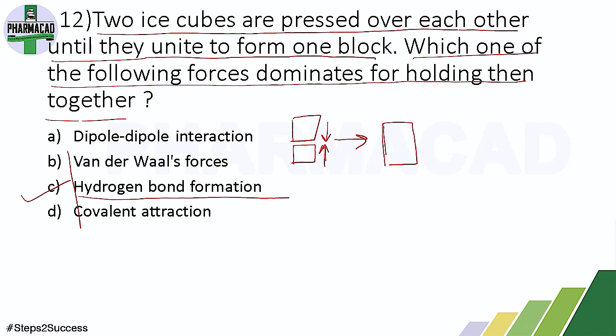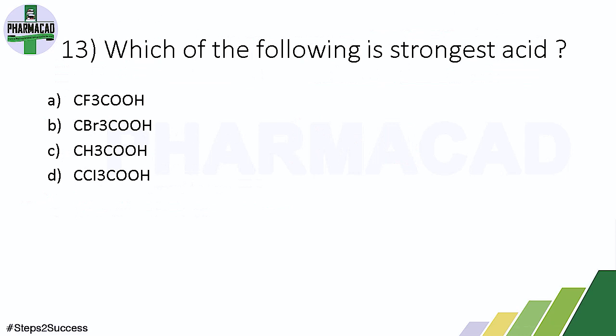Next question. Which of the following is the strongest acid? First is CF3COOH, fluorine, bromine, CH3 and chlorine. Okay.